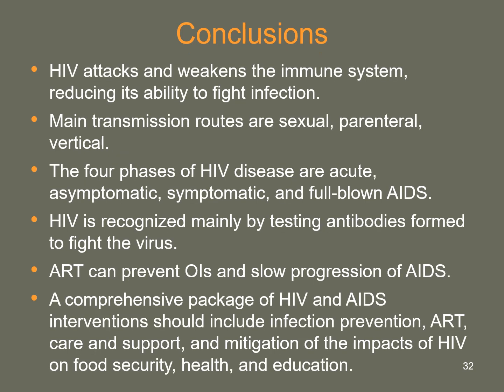In conclusion, HIV attacks and weakens the immune system, reducing its ability to fight infections. Many transmission routes are sexual, parental, and vertical. The phases of HIV disease are acute, asymptomatic, and full-blown AIDS. HIV is recognized mainly by testing antibodies formed to fight the virus.